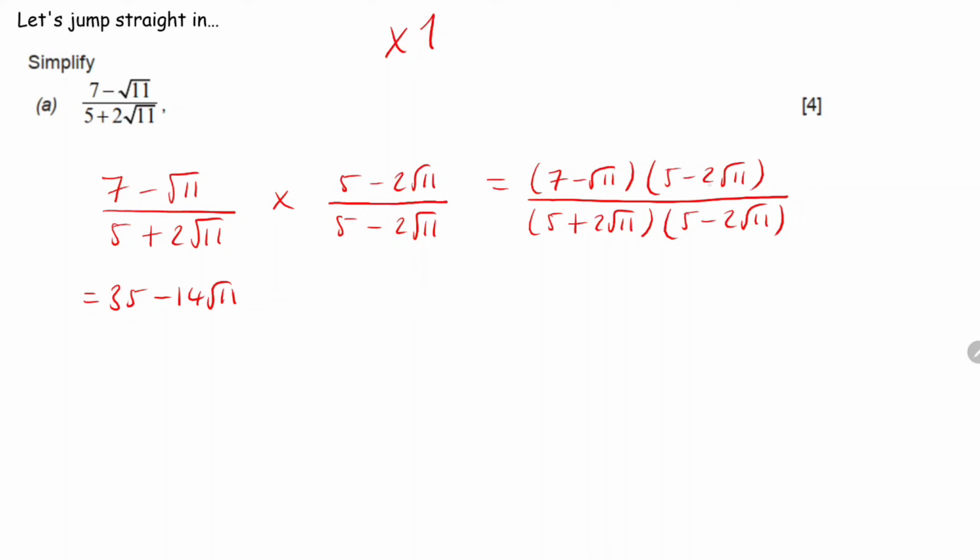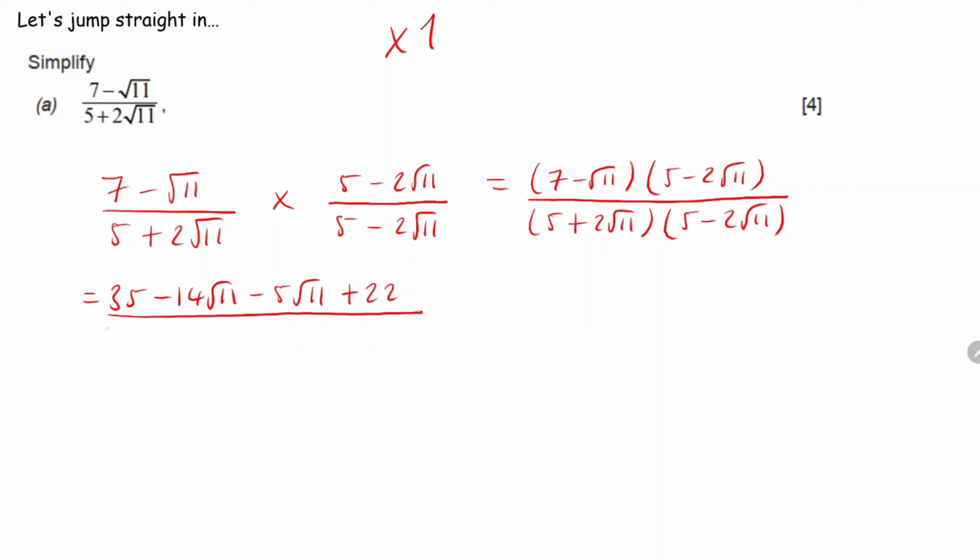The insides, minus root 11 times by 5, which is minus 5 root 11. And then the last term, we've got two negative quantities, so it's going to be positive. And then root 11 times by root 11 is 11. And we have the 2 here. So this simplifies to 2 times by 11, which gives us plus 22.